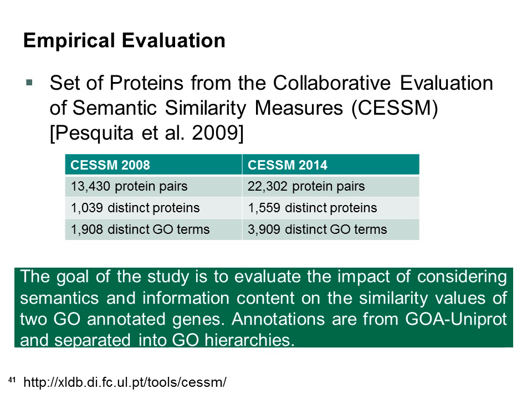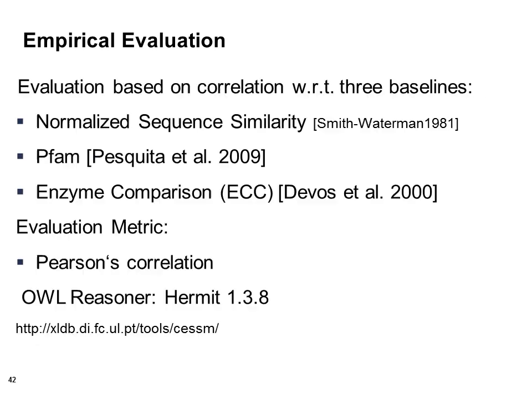We empirically evaluate our approach with the Collaborative Evaluation of Semantic Similarity Measures tool. This tool provides two datasets of proteins, the 2008 and 2014. We studied the impact of considering semantics and information content. The annotations were retrieved from the GOA UniProt and separated into the GO hierarchies.